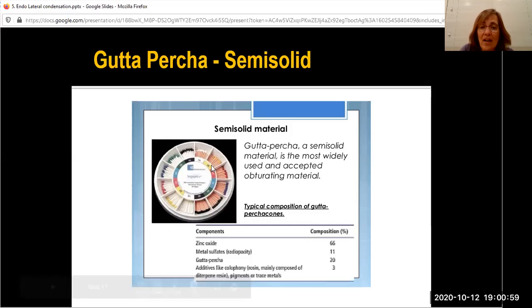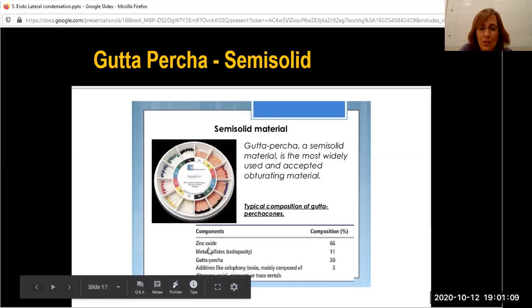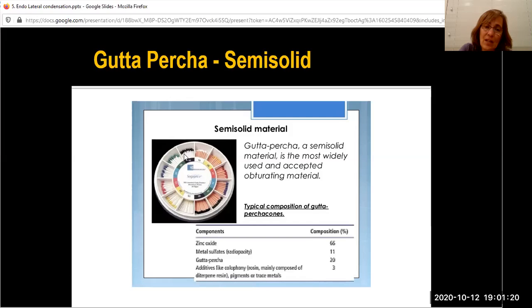Okay, so here we have the gutta percha, a semi-solid material. It's mostly used in filling root canals. This is a breakdown of what consists inside of a gutta percha. And in this diagram right here, you see that you have paper points and you have your gutta percha.